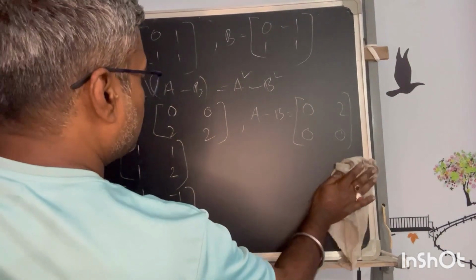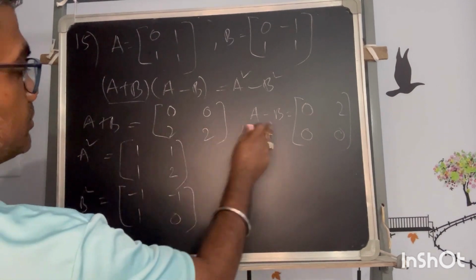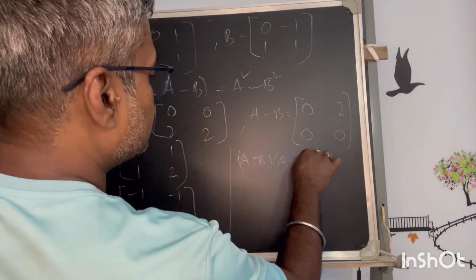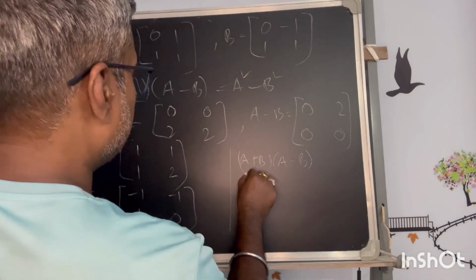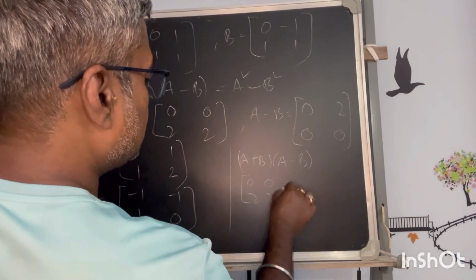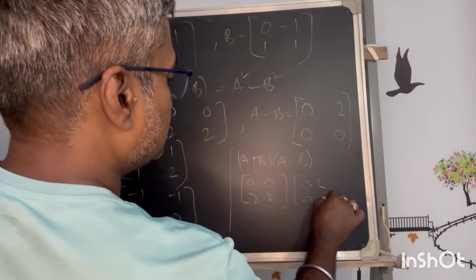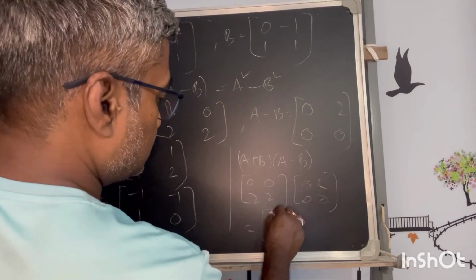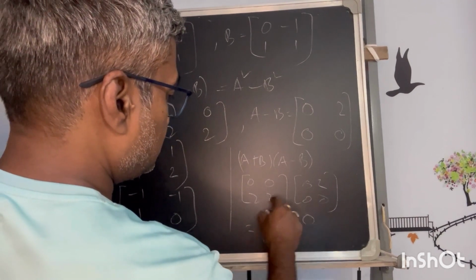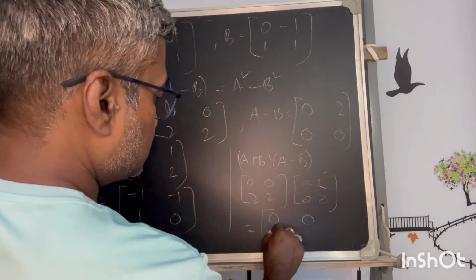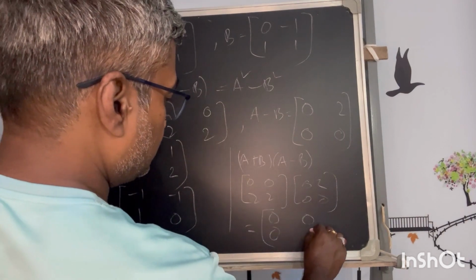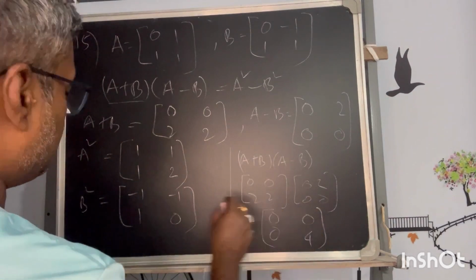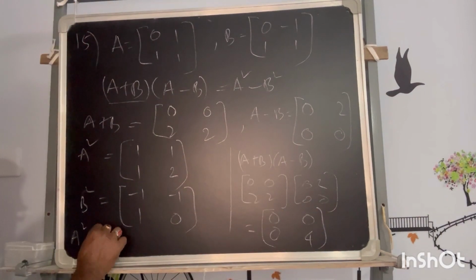So now what we have to do, this is this into this, so A plus B into A minus B first we have to do. For that we have to keep this side by side, [0 2; 0 0]. So the result will be 0 0 0 0, this will be 0, this 2 and this is 0, again 0, this 2 into 2 is 4. This will be the case. Now here A plus B, A minus B, here we have to do A square minus B square.